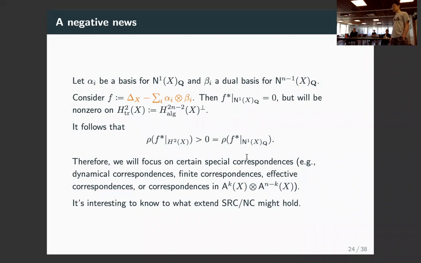Right now we don't have a clear answer to this one, but we conjecture that at least SRC and NC hold for effective correspondences. Here, this F by construction is not effective.